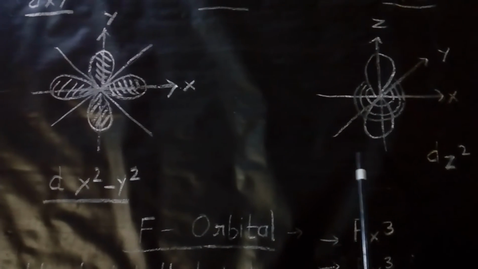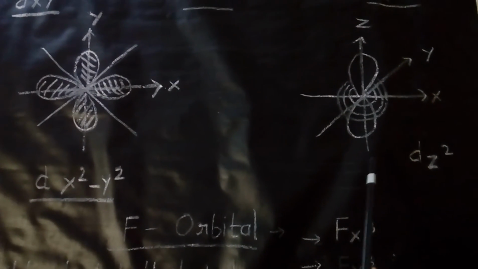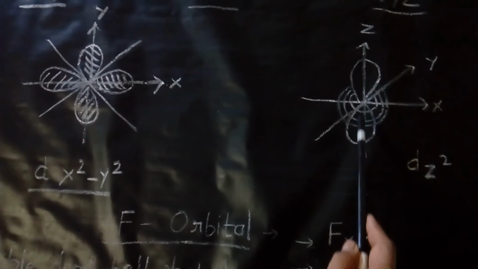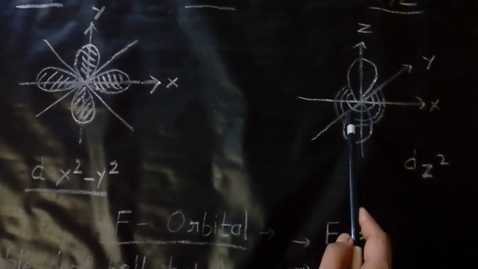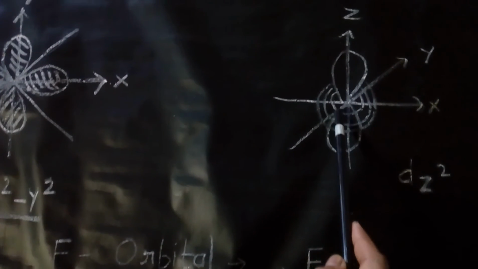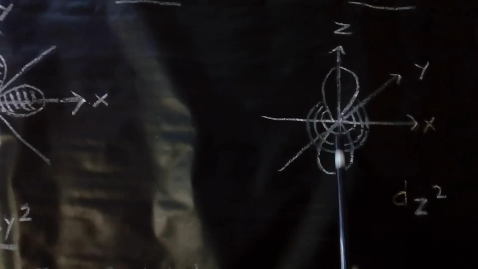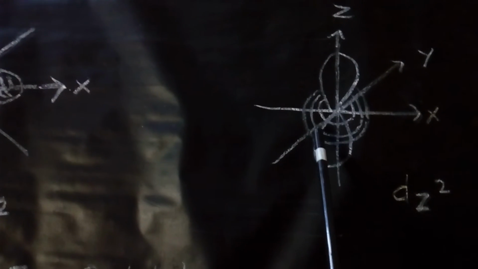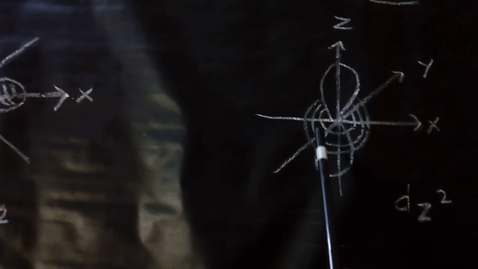In the case of dz square orbital, we see here two lobes only. It means there is only one dumbbell shape. The other electron density is present in the form of a circle. It means one electron density is in the form of a dumbbell and the other electron density is circular.